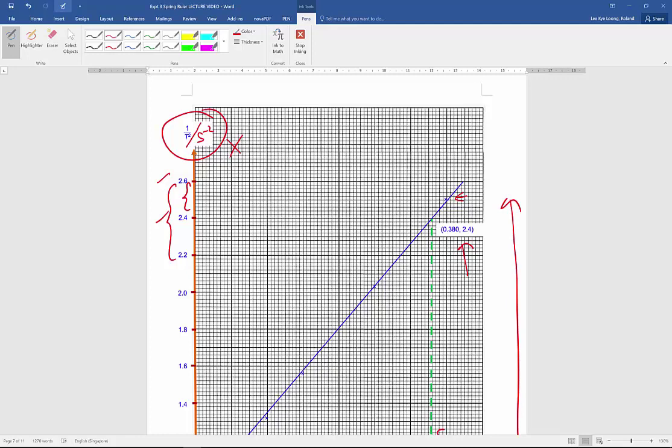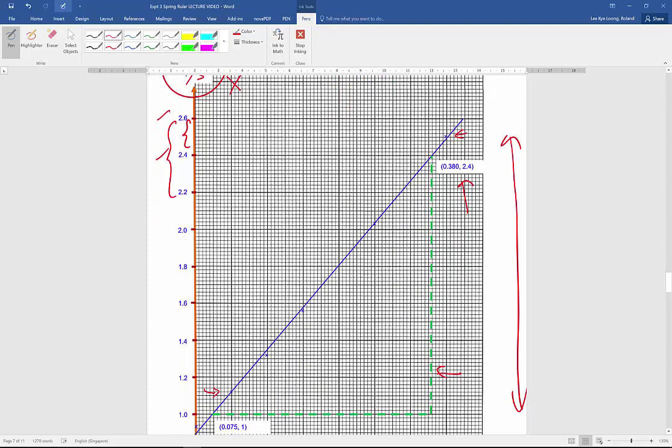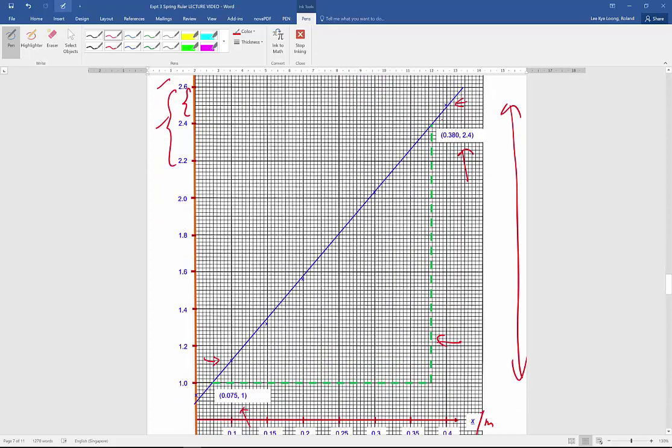But most importantly, y1 and y2 must have the same dp. x1 and x2 must have the same dp. Now let's look at the x value first. This one is written as 0.380, this one is written as 0.075. That's fine. 0.380 is 3sf, 0.075 is 2sf, but 0.380 is 3 dp, so 0.075 is also 3 dp. So x1, x2 have the same dp, that's fine.